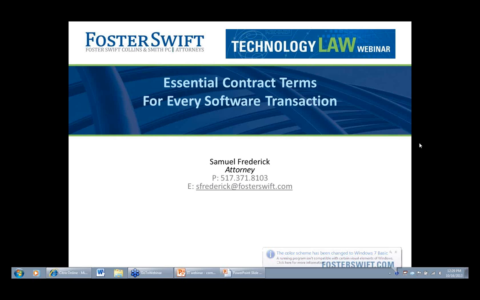So those are the frequent terms that you would see in any kind of software contract, whether you're the developer presenting that contract to a user, or you're the user receiving software in your business and having to sign some complex document. So really, why are these items important?